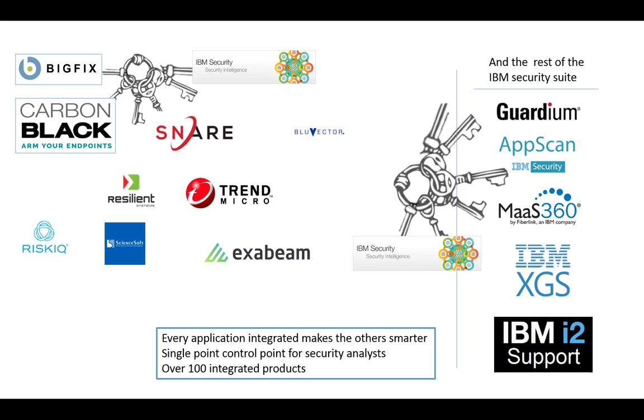So what we're doing here is, SIEM has always been the center of the ecosystem, and this is all well and good. And SIEM has always been the center of IBM's security strategy, right? But in the security intelligence we've evolved into, I have all of these wonderful external products and all of these really nice internal products. We're writing the data in such a way that you can get all of the value, internal and external, from inside a single application.